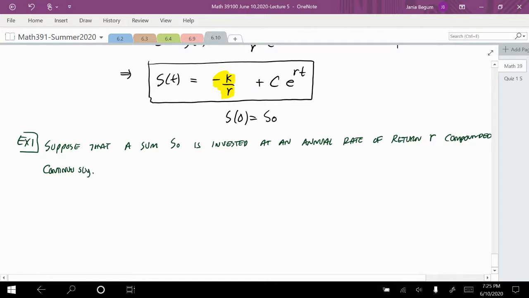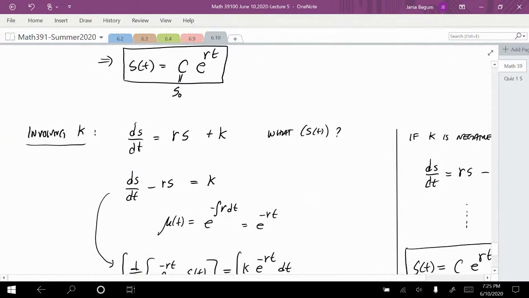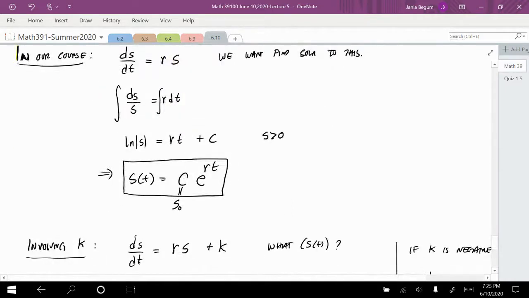Okay, so compounded continuously should give you a hint that we're using this model right here. S of t is equal to C e to the rt, okay? Or you can think of you're solving this differential equation. ds dt is equal to the rate times the amount, okay?